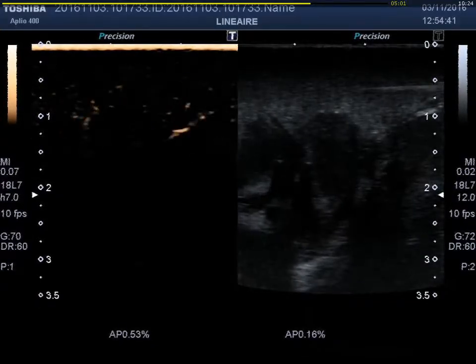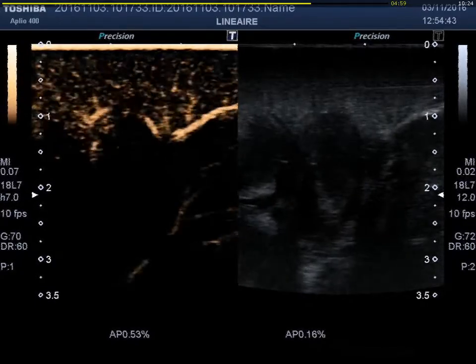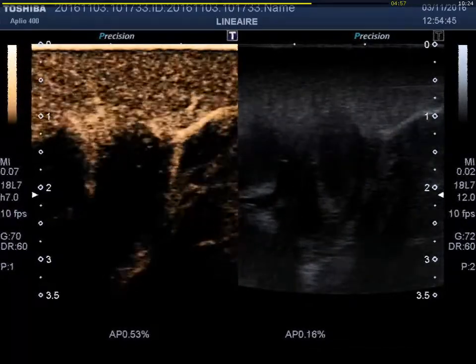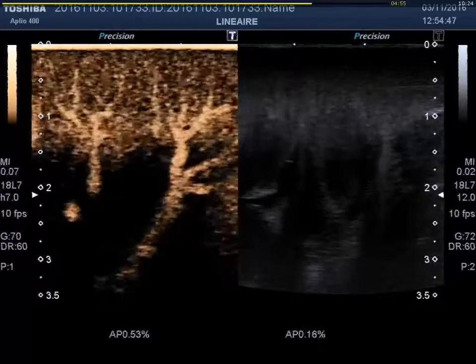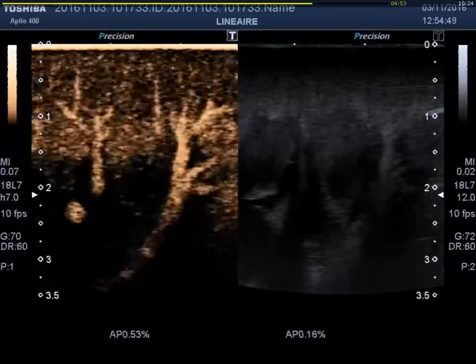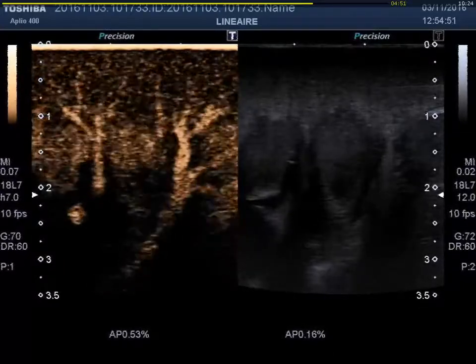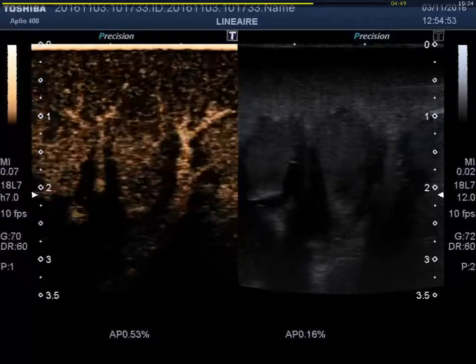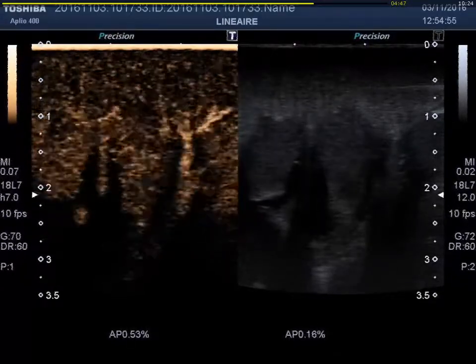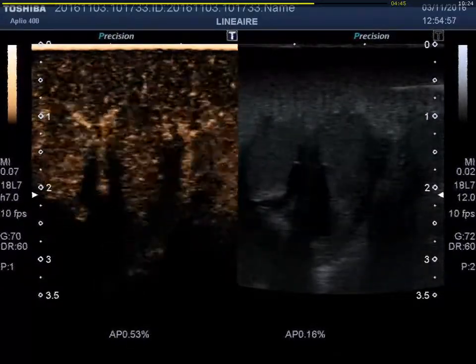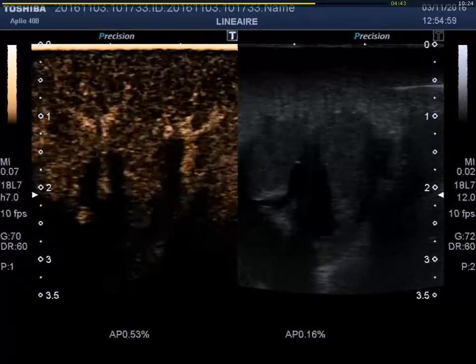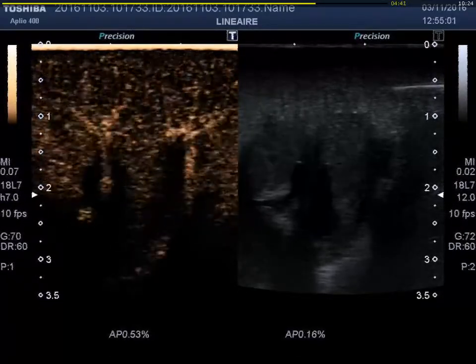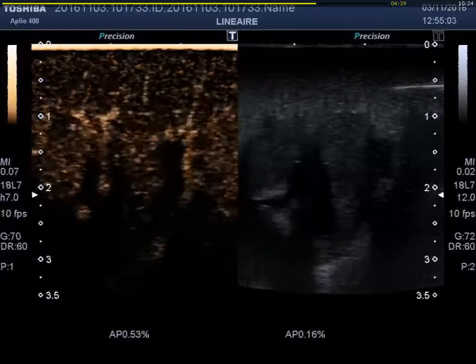It's in a pig where we performed an experimental study, and you can see how you can have very nice visualization of microcirculation at the cortex, but also at the medulla. So you can analyze the cortex, the medulla, so really you are inside the kidney.